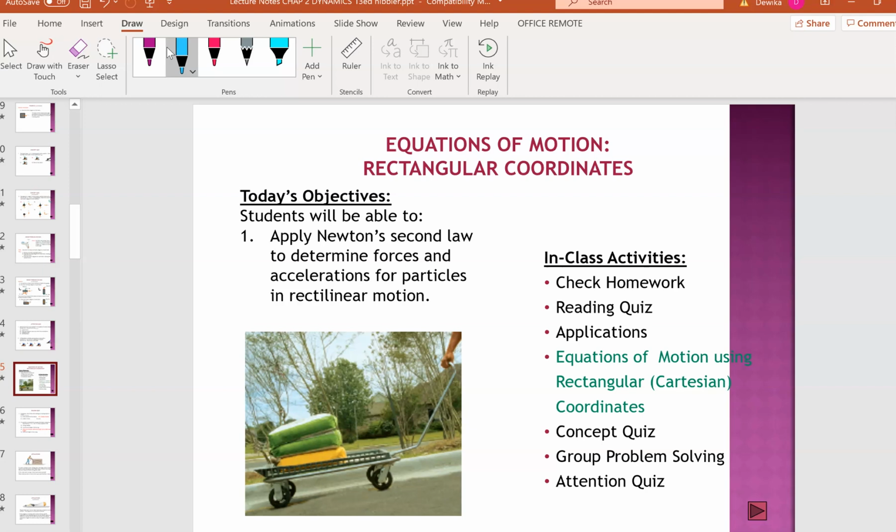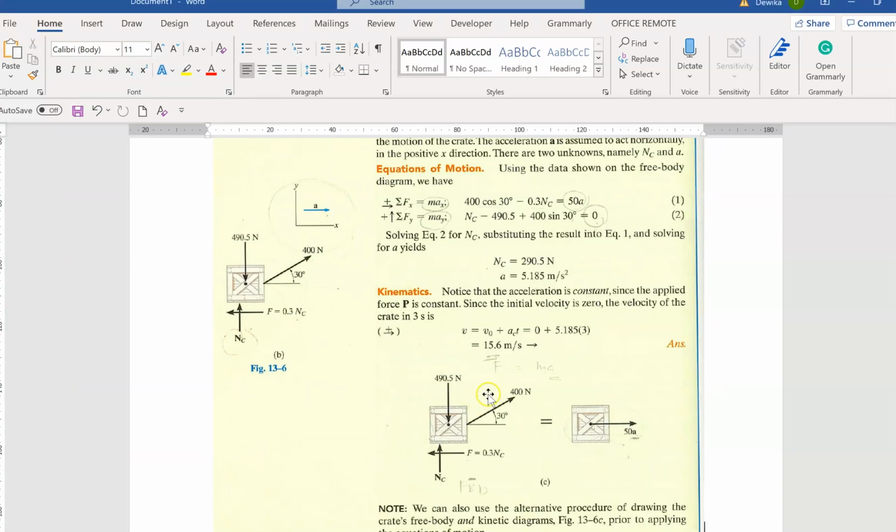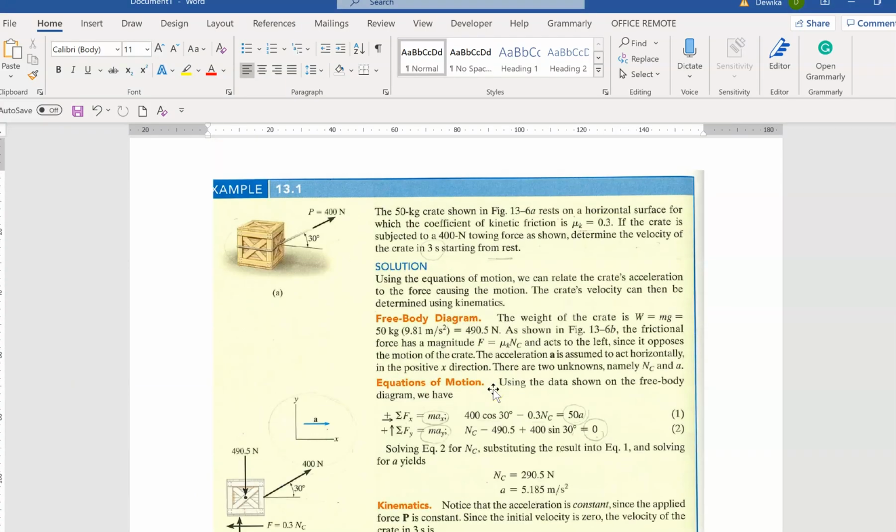Let's just go to an example now. Okay, so let's look at this example. I'm picking this example from page 122 of your textbook, example 13.1.